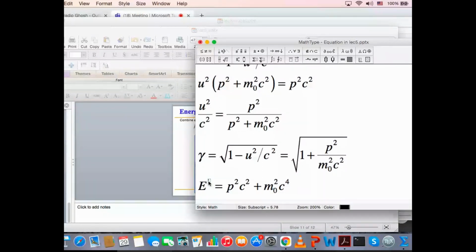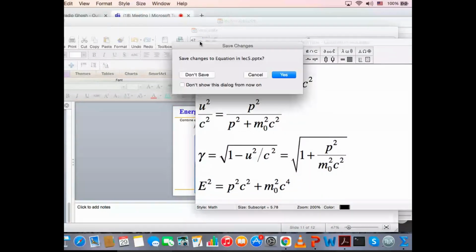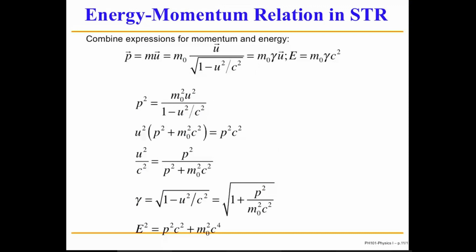Okay, sorry. It's E square equal to p square c square plus m naught square c4. So E equal to pc for photon. That's the energy momentum relation for photon, for example.